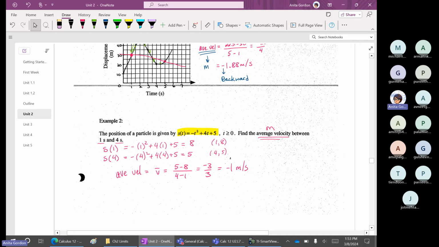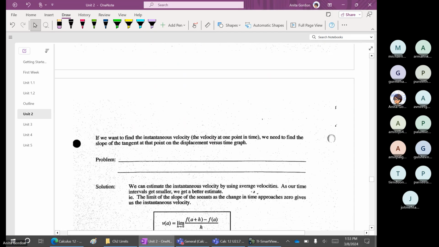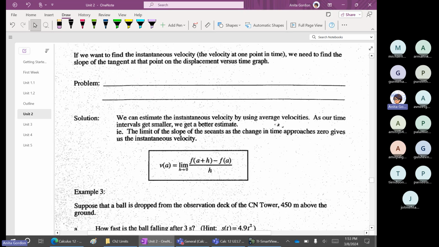All right, let's flip our page. So if we want to find instantaneous velocity, so the velocity at a single point in time, we need to find the slope of the tangent at that point on the graph. So here's my one sentence for the week.